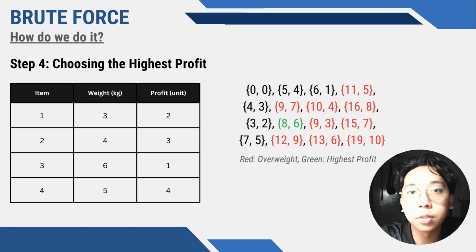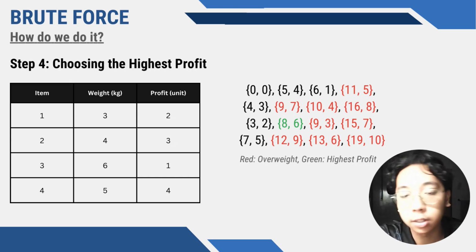First, we have to see which combinations go over our parameter, which is anything above 8 kilograms. As you can see, combination number 4 is 11 kilograms and 5 profit points. 11 kilograms is much higher than 8 kilograms, so it goes over our parameters. We will mark it red to denote that it's going to be discarded.